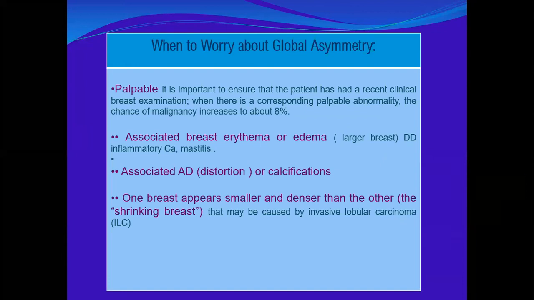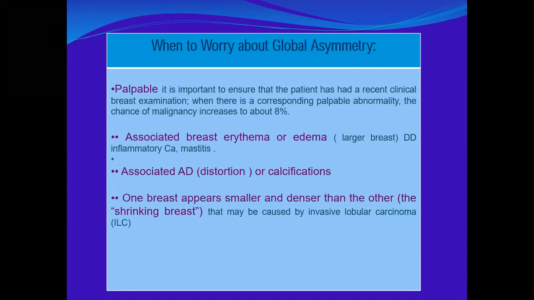And if it is associated with erythema or edema, then it can be inflammatory cancer or mastitis. If it is associated with architectural distortion or calcification, it becomes more worrisome. One of the differential diagnoses, when the breast gets smaller and denser, we call it shrinking breast, and it is said to be associated with invasive lobular carcinoma.